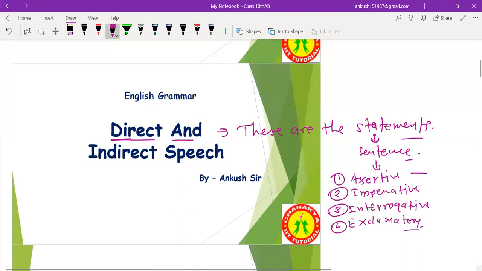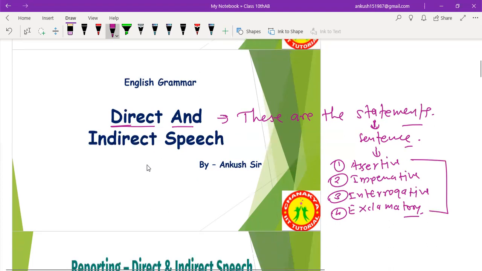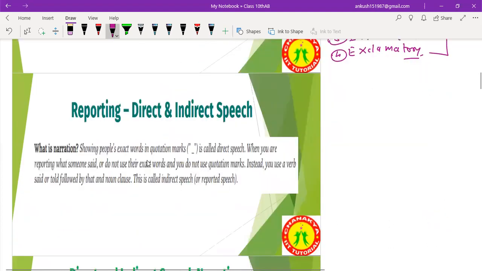Mainly we transform direct speech into indirect speech within those four kinds of sentences. Have you got it?